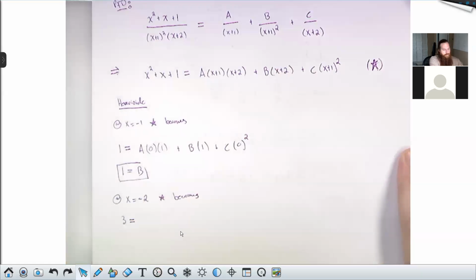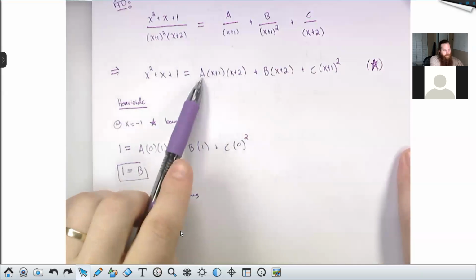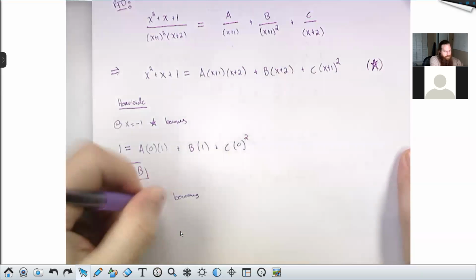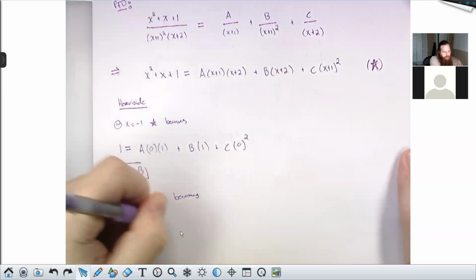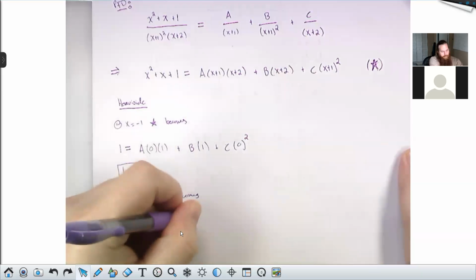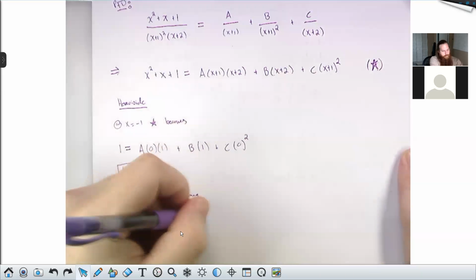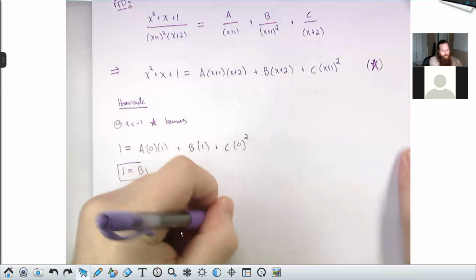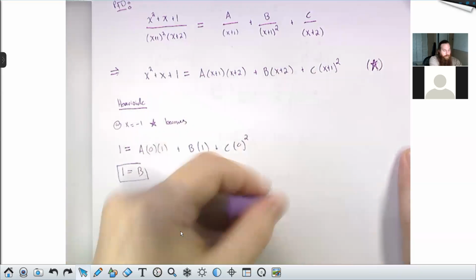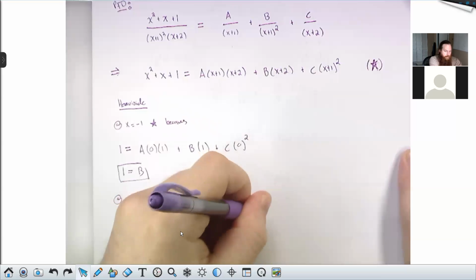My right-hand side here is A times -2 plus 1, which is -1, times 0, plus B times -2 plus 2, which is 0, plus C times -2 plus 1, which is -1, squared.